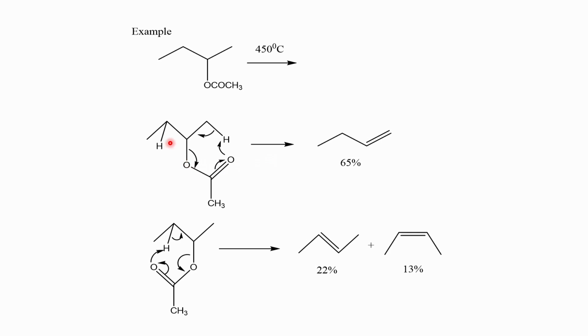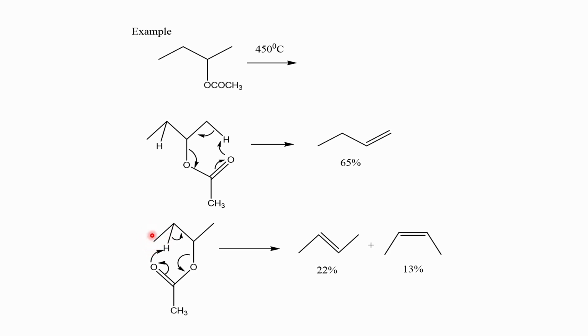But you can see here also a beta carbon atom and this beta hydrogen atom. If the carbonyl oxygen captures this beta hydrogen atom, then we get the Saytzeff product, the more substituted product, but it is obtained as the minor product because the capture of the proton from this beta carbon atom is impeded by this methyl group.